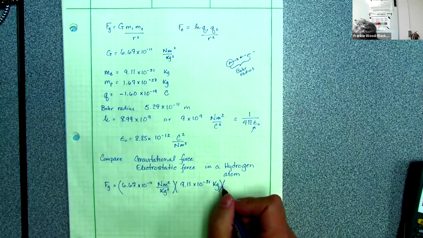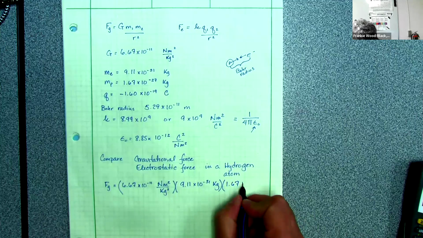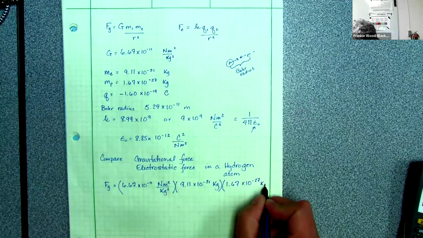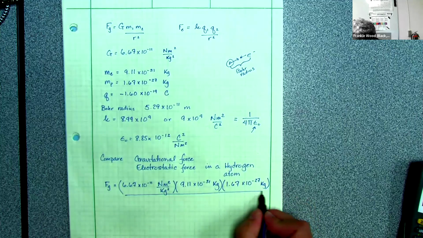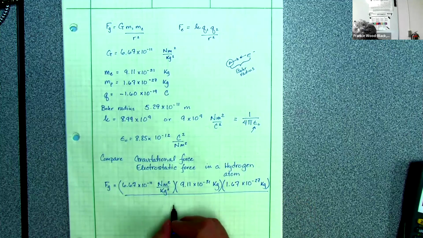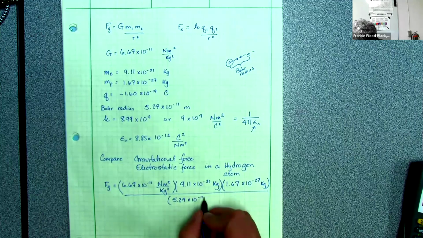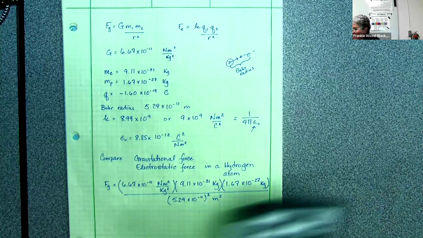And then this one is the mass of the proton, 1.67 times 10 to the minus 27 kilograms. All divided by my Bohr radius squared. And I've got 5.29 times 10 to the minus 11. And that's in meters squared, because I'm squaring it.